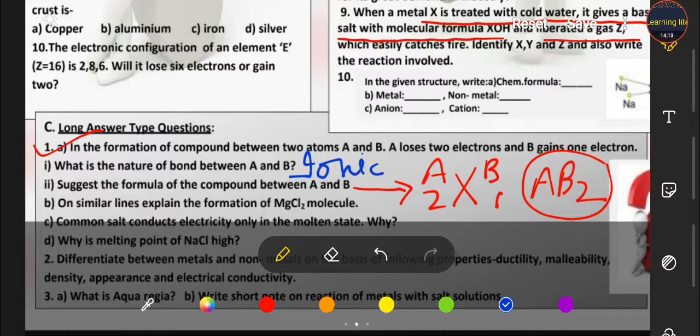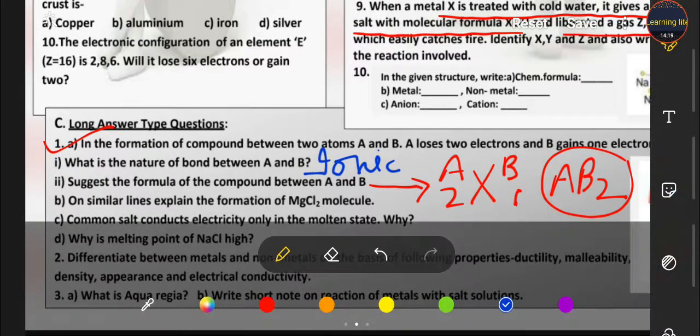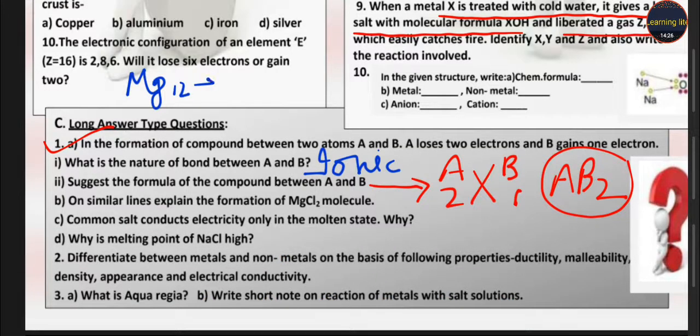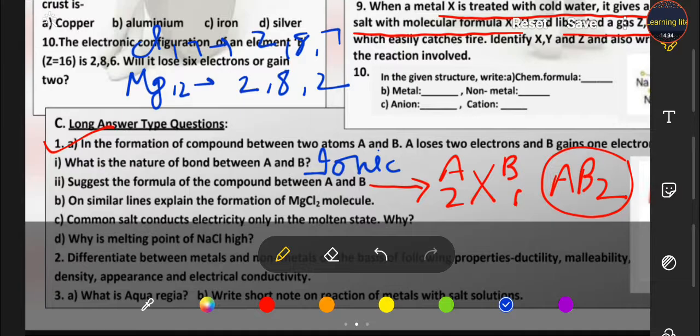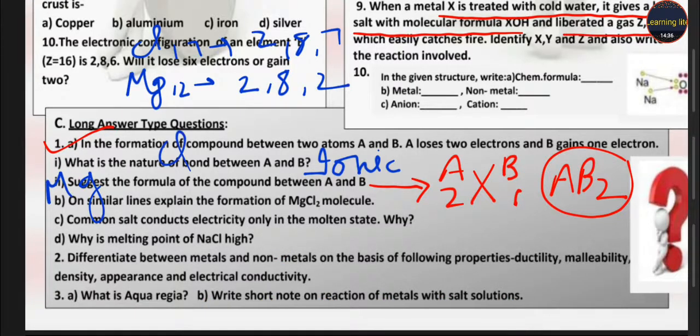Okay. On similar lines, explain the formation of MgCl2. We have to write the structure of MgCl2. How can we make the structure of MgCl2, student? For Mg12, the distribution is 2, 8, 2, and for Cl17, that is 2, 8, 7. We have to draw the structure of MgCl2.